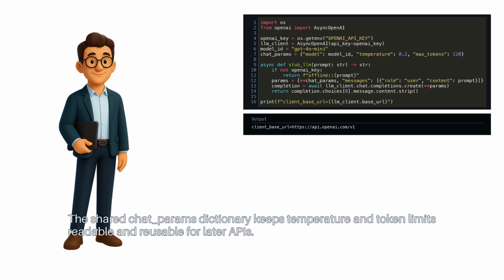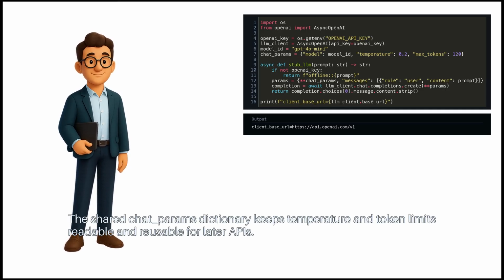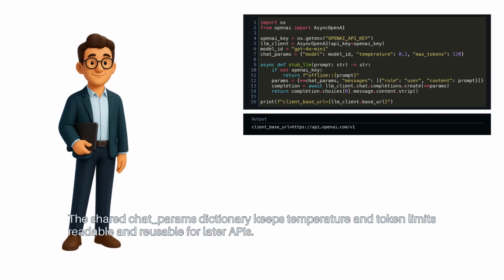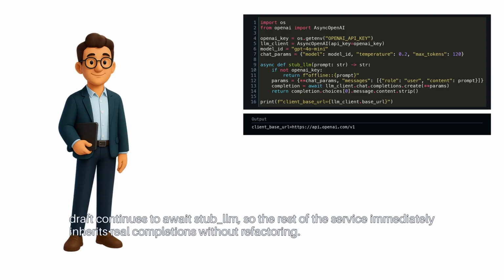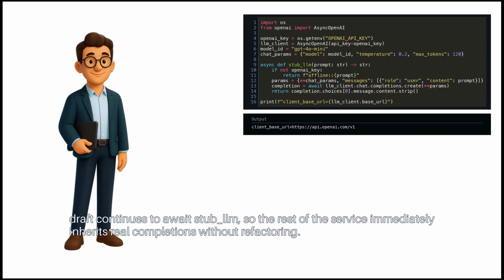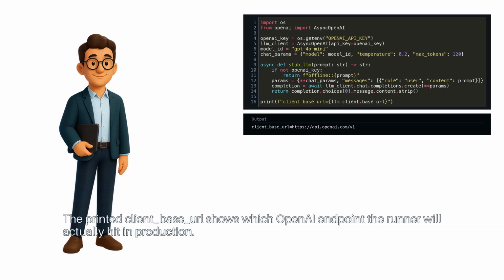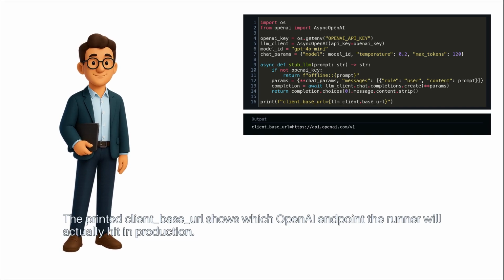The shared chat_params dictionary keeps temperature and token limits readable and reusable for later APIs. Draft continues to await stub_llm, so the rest of the service immediately inherits real completions without refactoring. The printed client base URL shows which OpenAI endpoint the runner will actually hit in production.